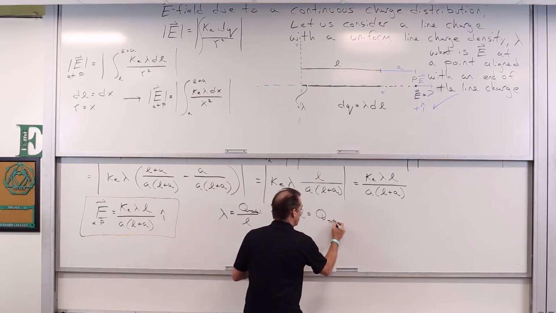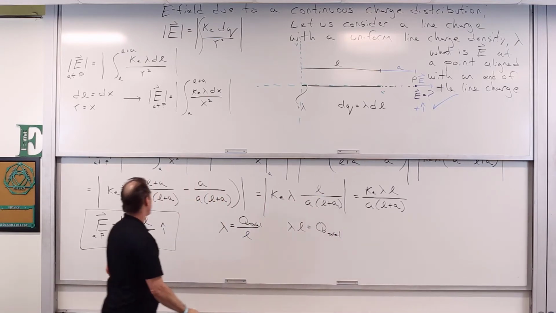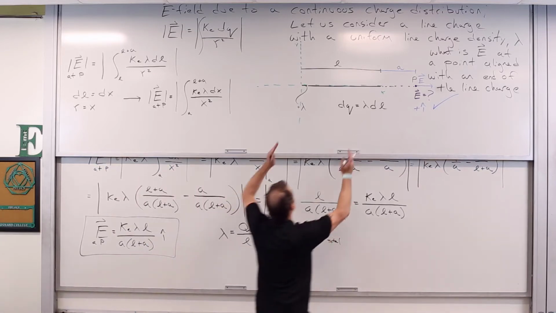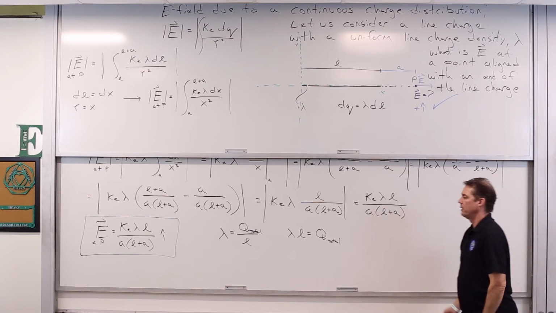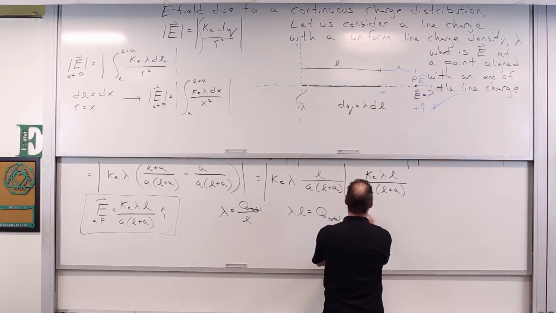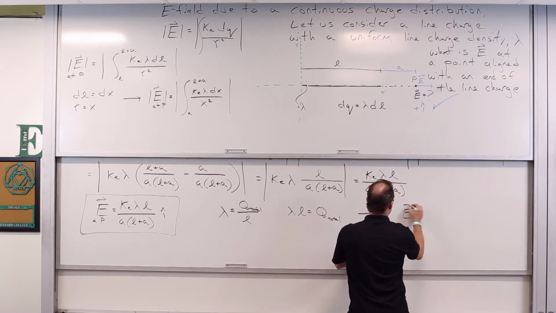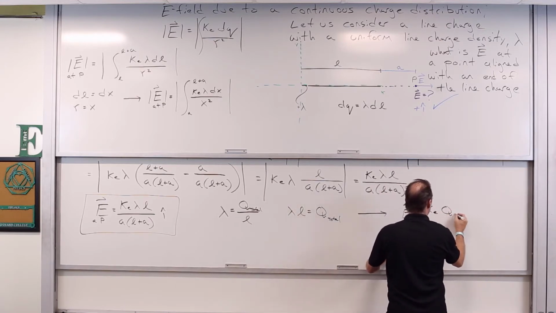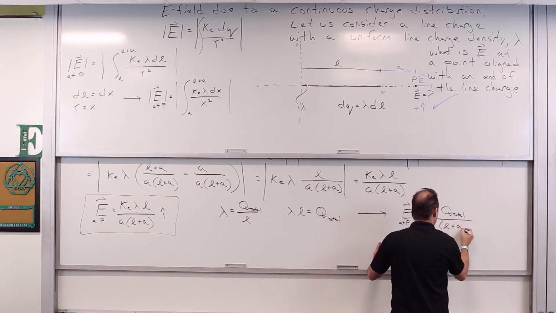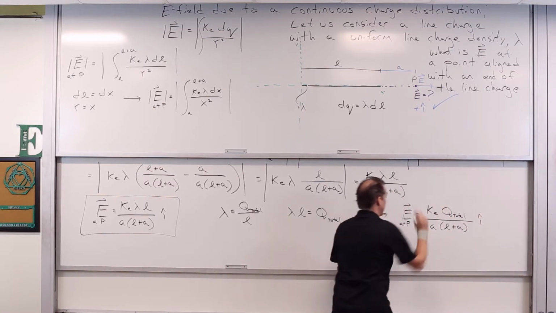And that's the total charge that is encompassed within this line itself. It's uniformly spread out. That's great. So another way that we could write this electric field is to say that E at P is equal to k sub e times Q total divided by A times L plus A. And in this case, again, i hat direction.